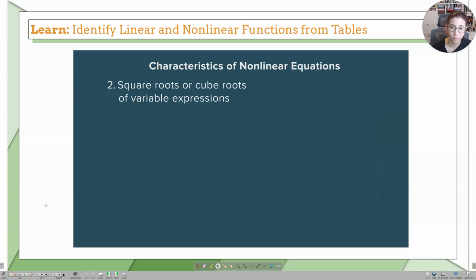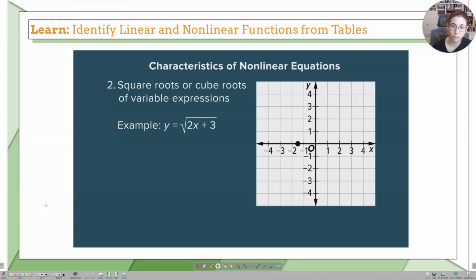Another type of nonlinear equation includes a square root or cube root of a variable expression. For example, this equation is nonlinear because it includes the square root of the variable expression 2x plus 3. The graph shows that this equation is nonlinear.